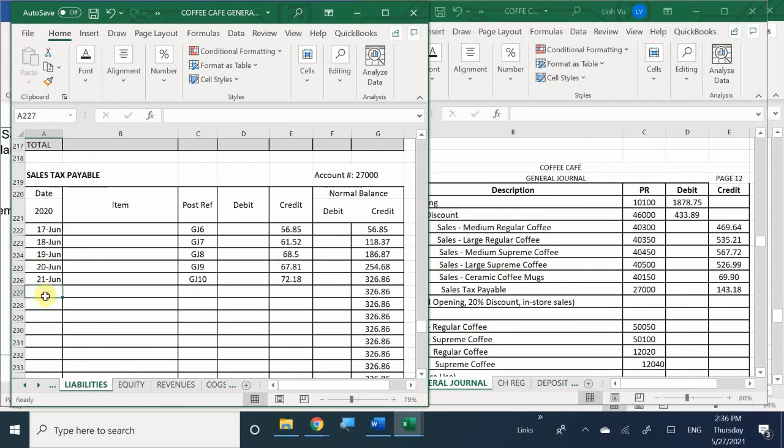Got it. 622. Item, I'm still putting grand opening. General Journal 12. Credit for $143.18. It brings our running total to $470.04. Good.